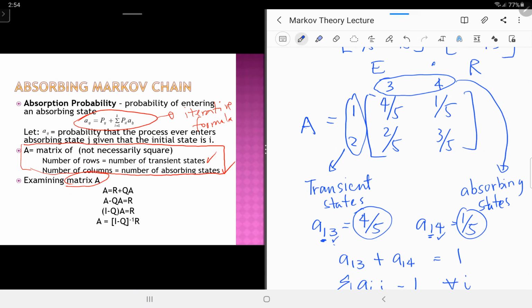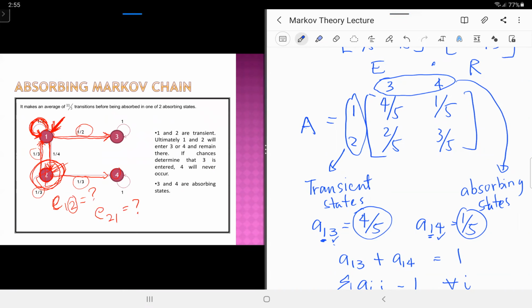So if you look at the diagram, it makes a lot of sense. If you're coming from transient state 1, it's more likely that you will be absorbed in 3 than in 4. Because for you to be absorbed in 4, you would have to pass through transient state 2, and transient state 2 has to go to absorbing state 4 before being absorbed.